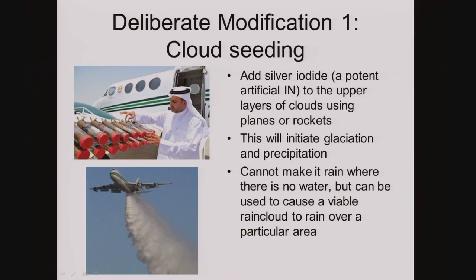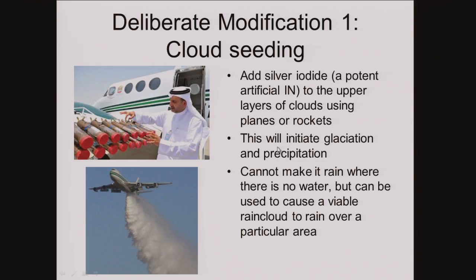And so the way this works is they use aircraft, or they can use rockets to fire silver iodide particles, which are very good ice nucleating particles, into the upper layers of clouds, and this initiates glaciation and precipitation.